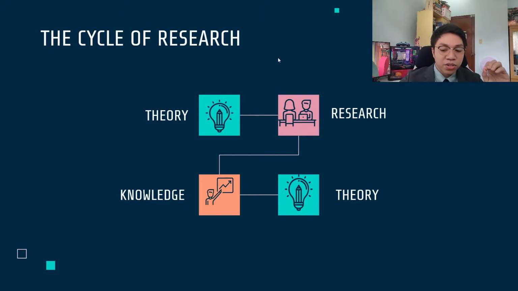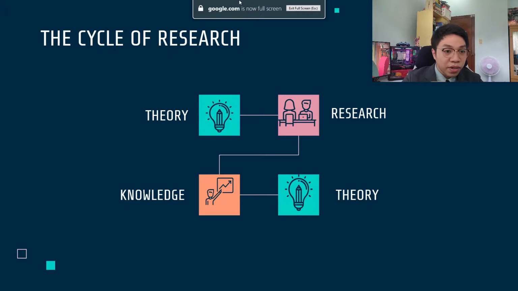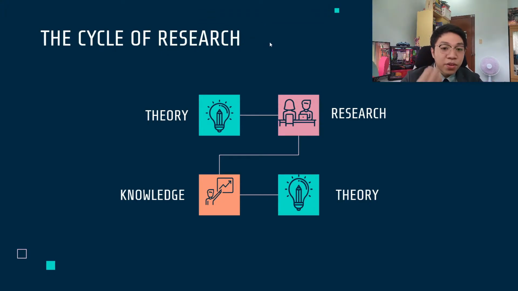A research that is grounded on theory by nature is a cycle. A theory begets an idea. This idea begets research. Research begets knowledge. And knowledge begets theory or another idea.